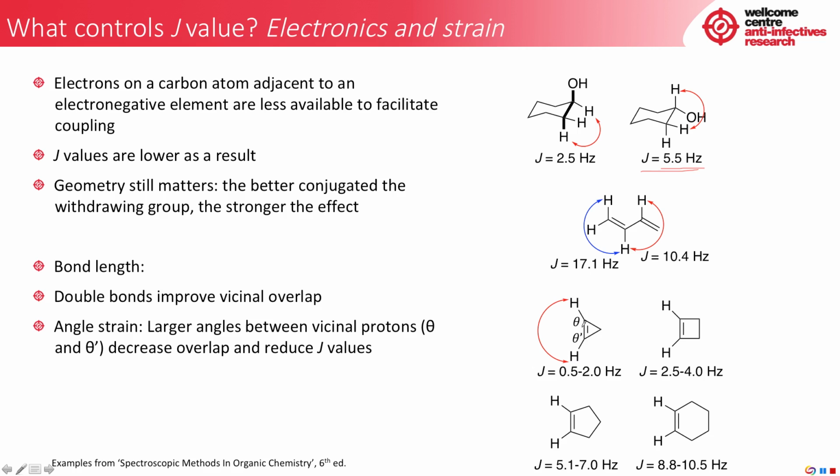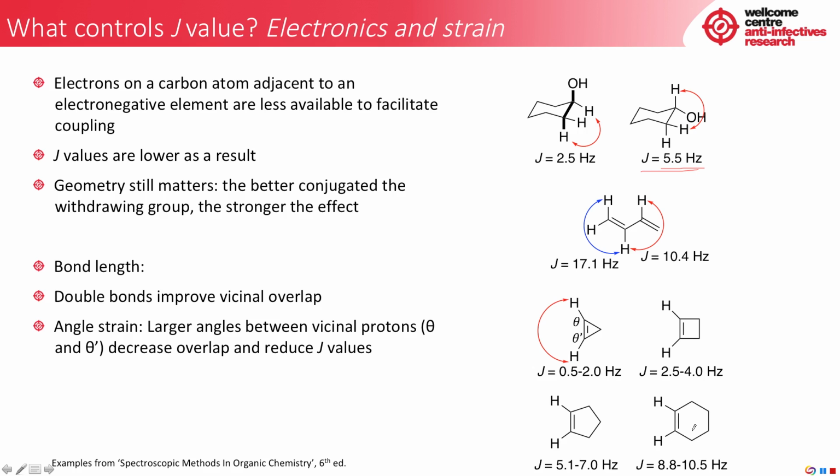But as you make the ring larger, the theta and theta prime angles shrink, and the overlap is improved, and so you go from a J of 0.5 to 2 right up to a much more sizable 8.8 to 10.5 Hz observed in this system here, cyclohexene.